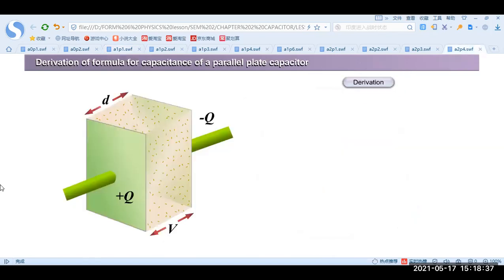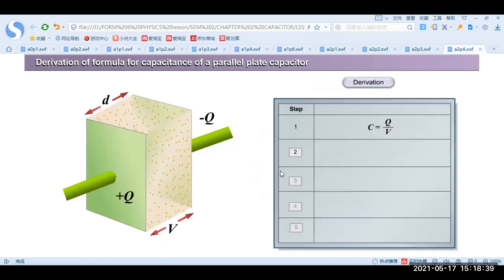Now we go back to the slide. What is the derivation? According to the formula, C equals Q over V, and E equals Q over epsilon A, because they are one flat plate with positive charge and one flat plate with negative charge.